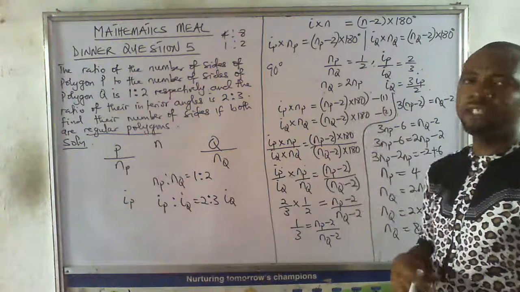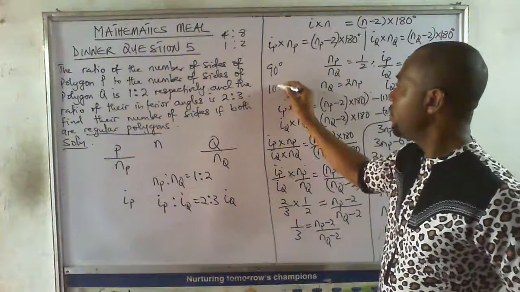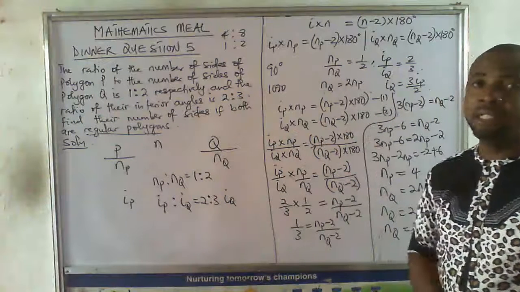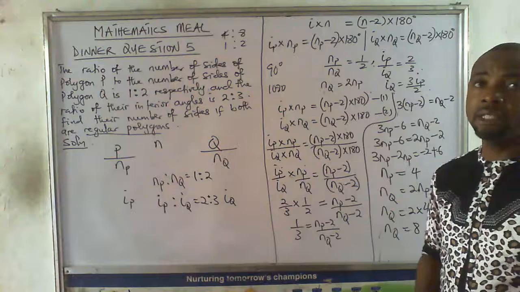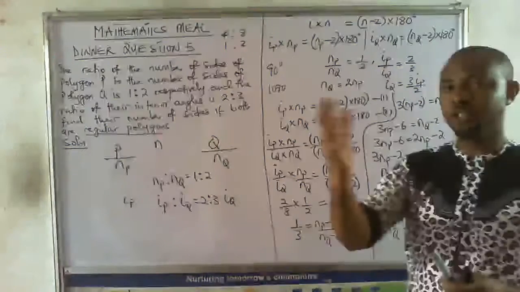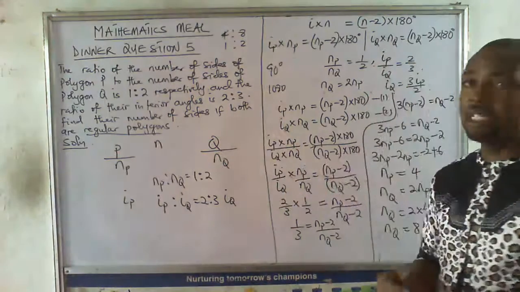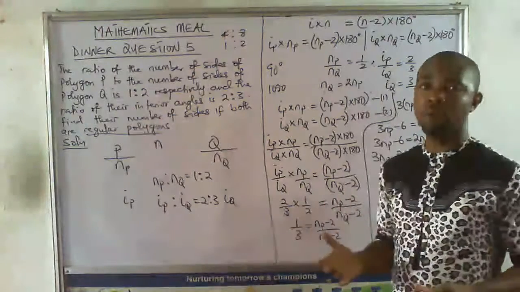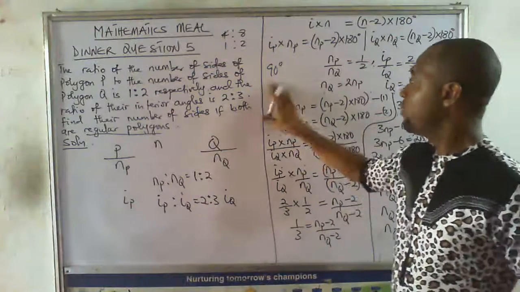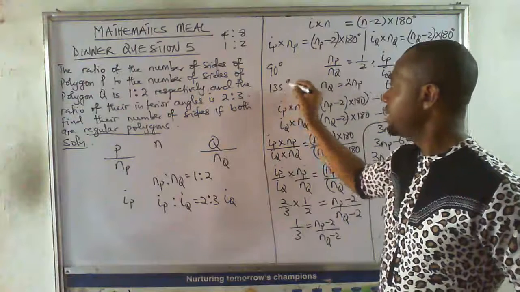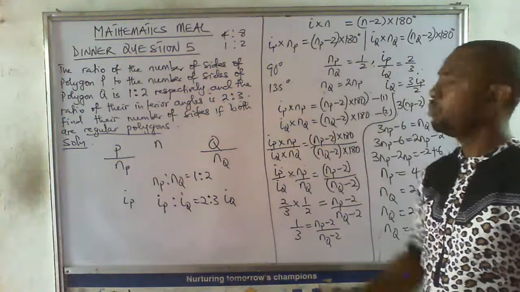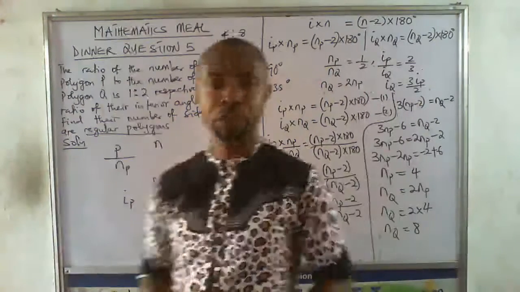So the sum of the interior angles in an octagon, by the time you do n minus 2 times 180, 8 minus 2 is 6, 6 times 180 will give us 1080. Now, if it is regular, the angles will be equal. And when 8 divides 1080, we are going to have 135 as each interior angle. So when you find the ratio between 90 and 135, you will still arrive at 2:3.